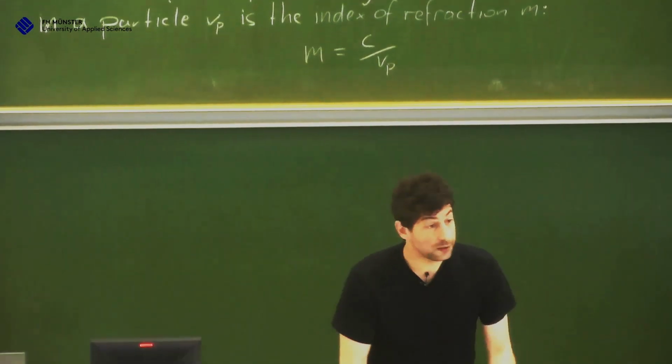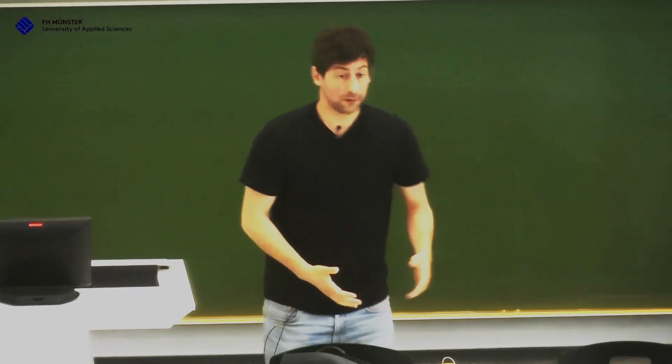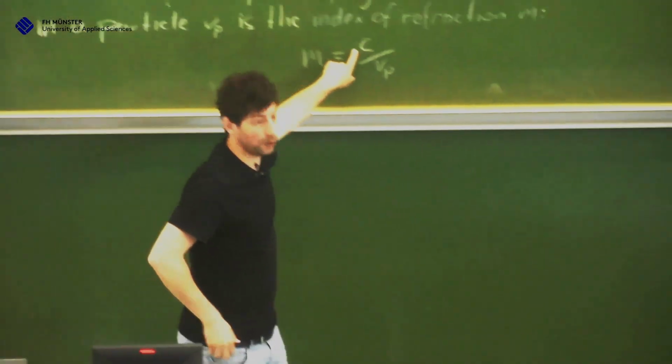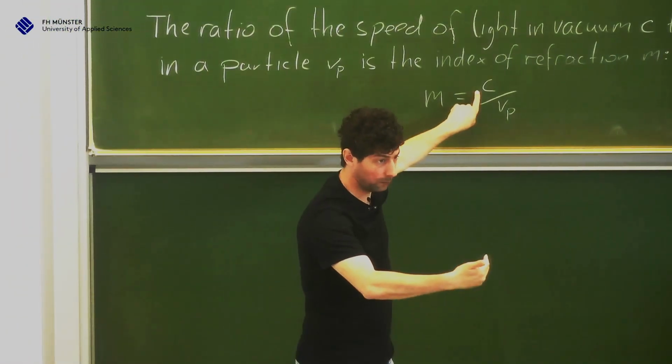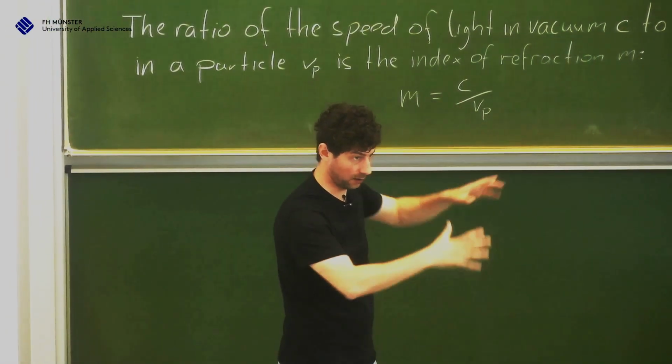And if we are not in vacuum, then we have the velocity of the light in the medium divided by the velocity in the particle.